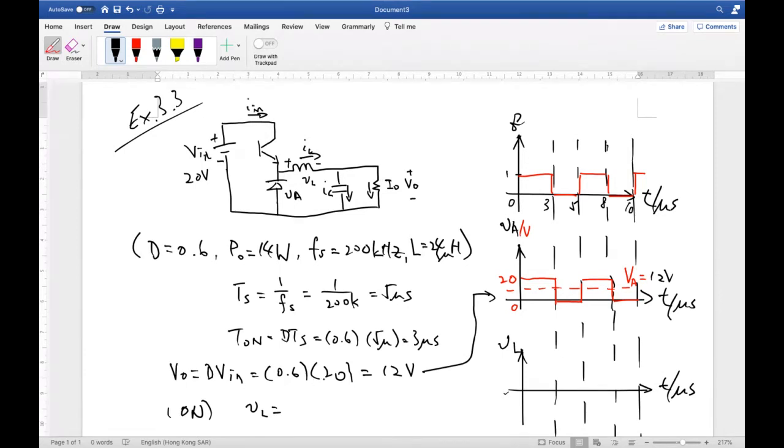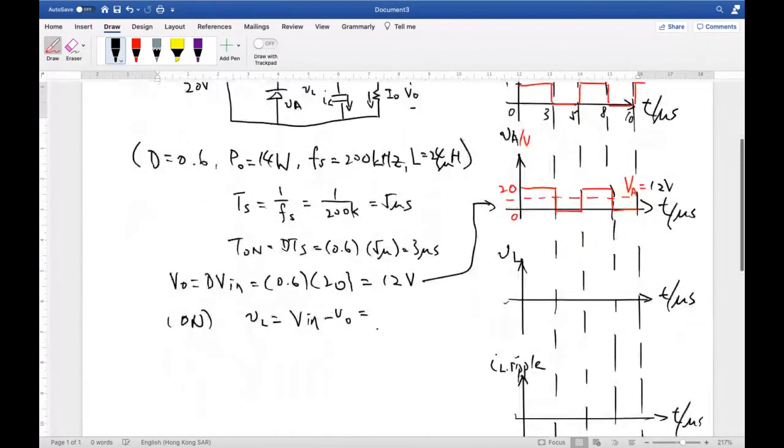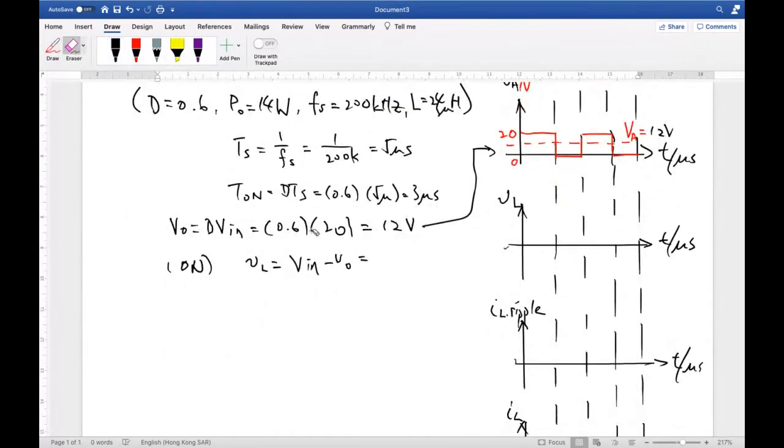So we can simply write this down. Then we substitute the parameters, and this is 8 volt. So we go here, 8.